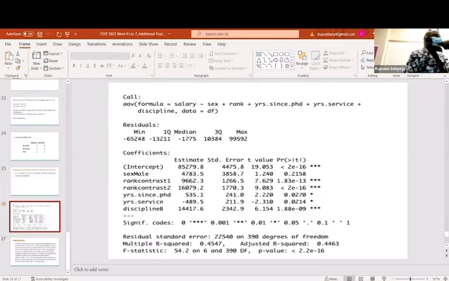Maybe because we have 4 levels, we're basically going to have 3 contrasts. Now, let me give you contrast 1.